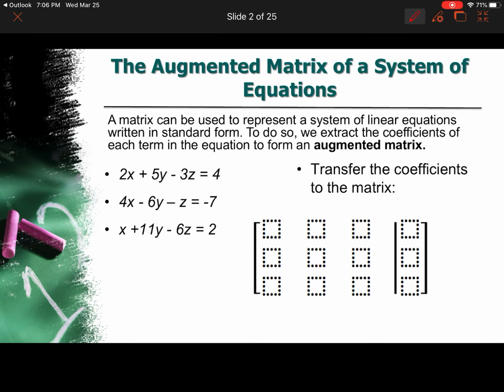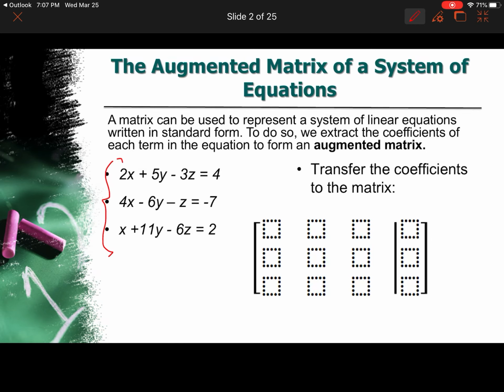And we're going to use these matrices to solve systems of equations. And so this system that we have here has 3 equations, 3 variables, and as you can see, we'll put the coefficients, so the numbers that are with the variables, in here.